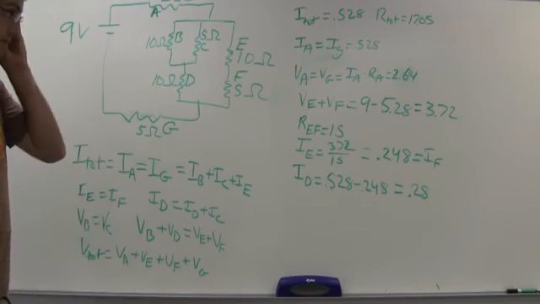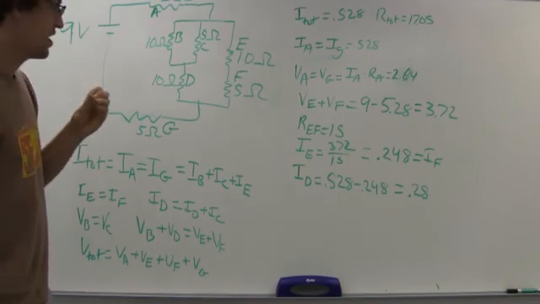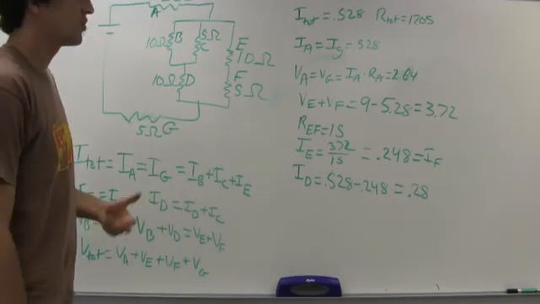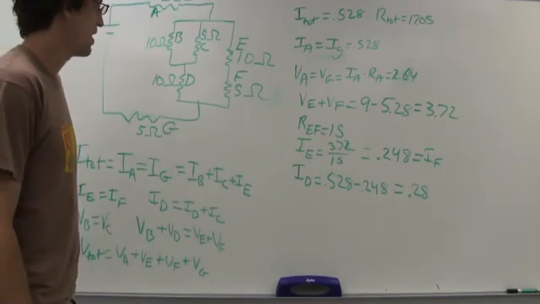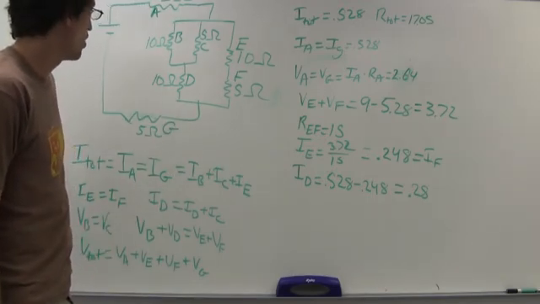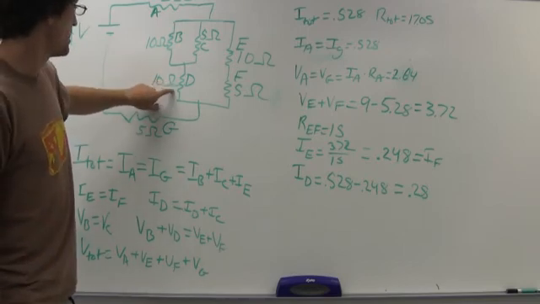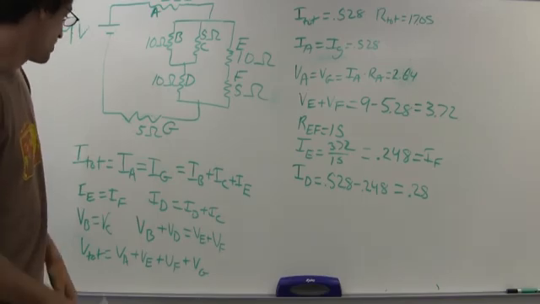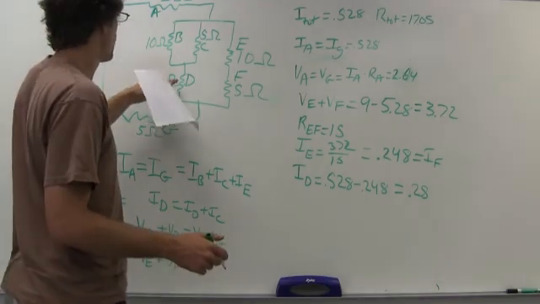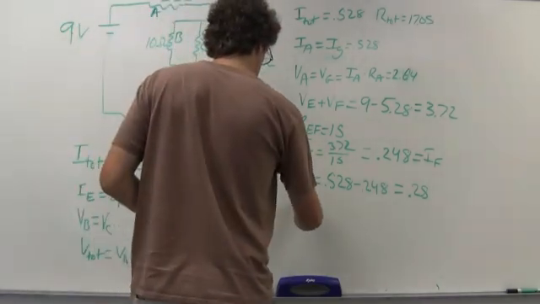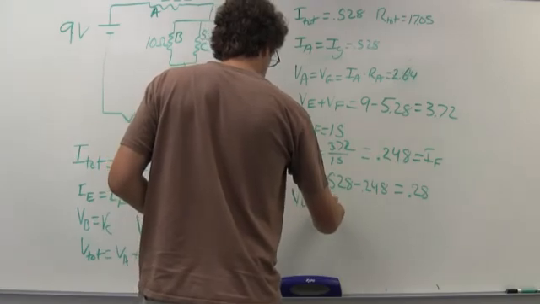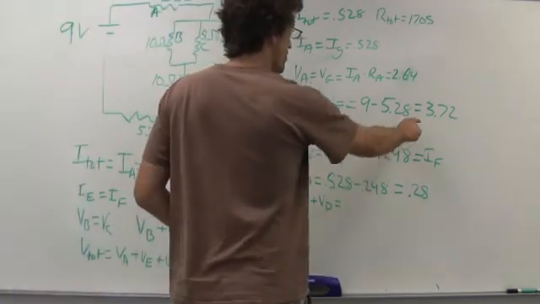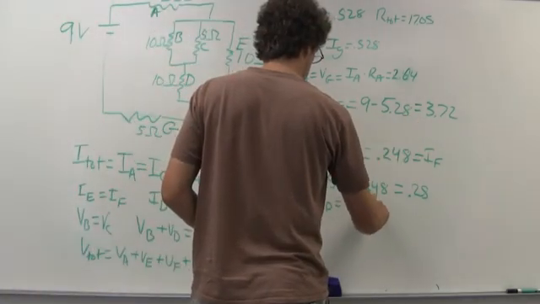Now, most of the way there, we've got the current for E and F, which means, of course, we can find the voltage over each of them if we wanted to. I won't take that last step right now. We also know D. So all we need left is B and C. And we know that the voltage of B and D equals E plus F. We know E plus F is 3.72.